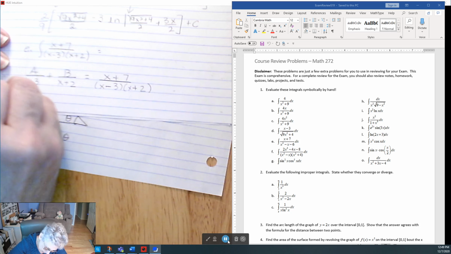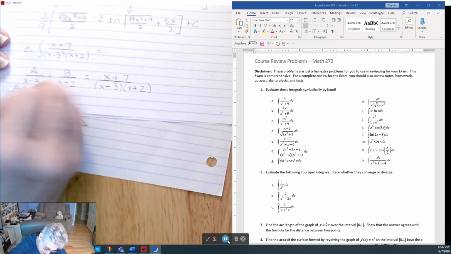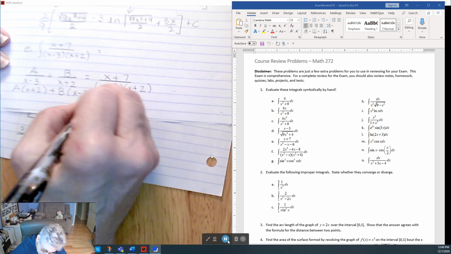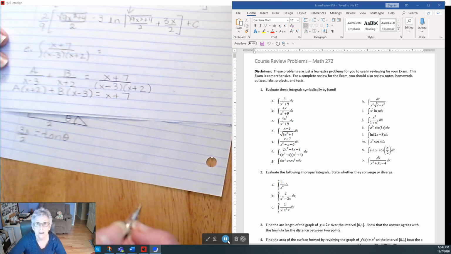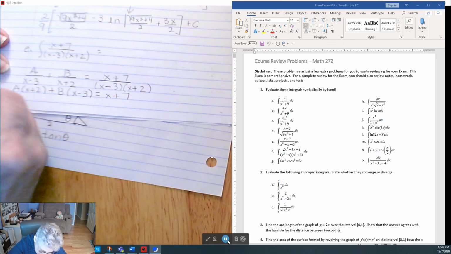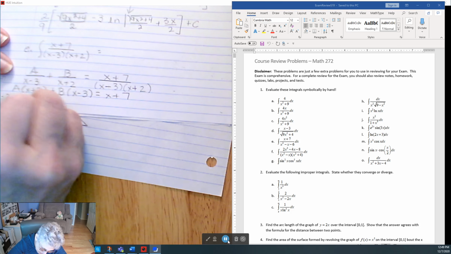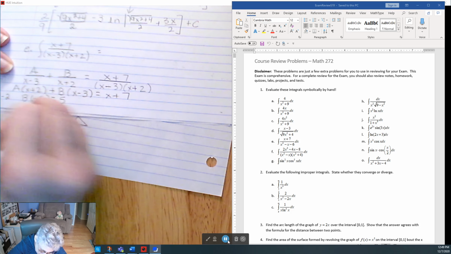So a times x plus 2 plus b times x minus 3 is equal to x plus 7. Make good choices. If x is equal to -2, then b times -5 is equal to 5.